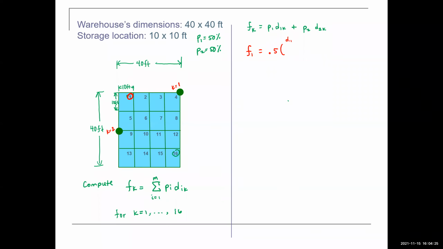Okay, so what would be the distance from 1 to 1? We're going to start measuring that from here, from the centroid, this centroid, this centroid, this centroid. So this is 10, 20, 30, and then 35 and 40.